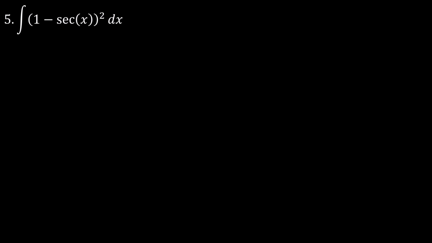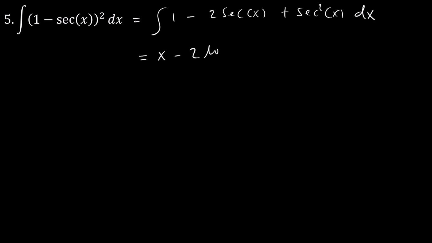So we can expand this problem to the indefinite integral of 1 minus 2 sec of x plus sec squared x, and it's very easy to see that this is the same as x minus 2 natural logarithm of secant of x plus tangent of x.